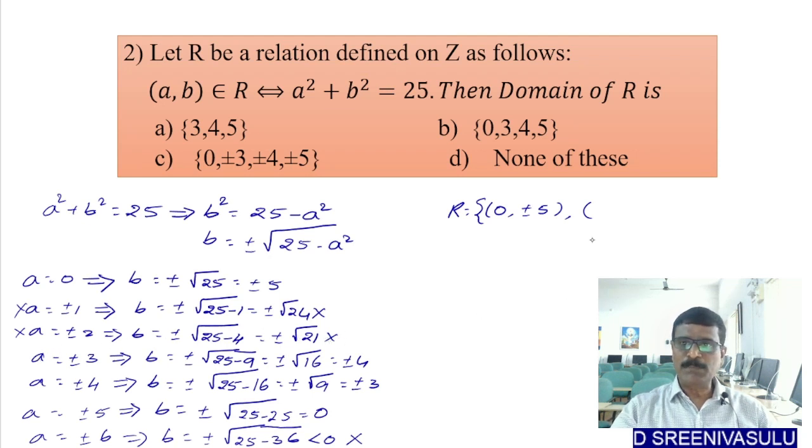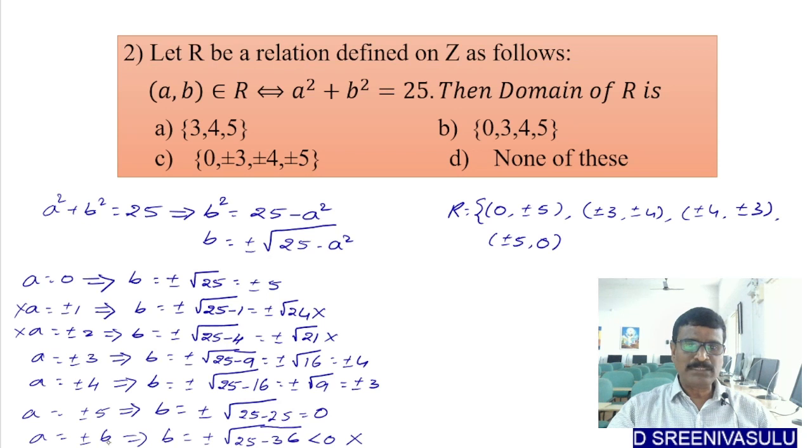A is equal to plus or minus 3, b is equal to plus or minus 4. Take a is equal to plus or minus 4, b is equal to plus or minus 3. A is equal to plus or minus 5, then b is equal to 0.